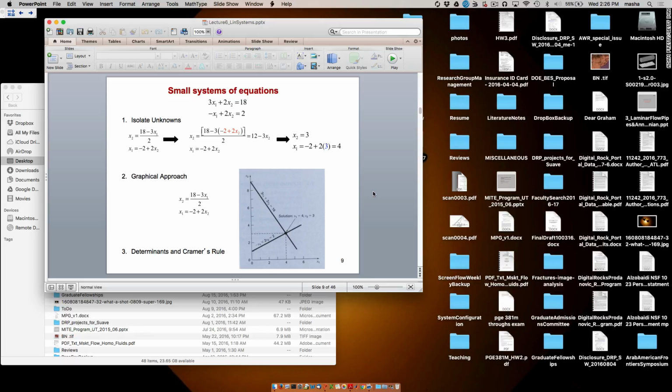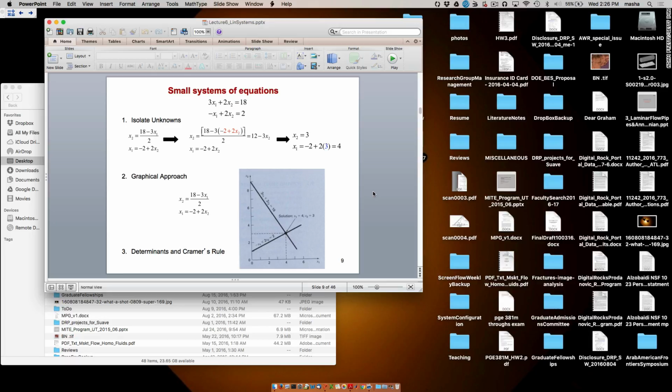Now, what would happen if I had three unknowns? So I was in three dimensions, x1, x2, x3. And I had a linear equation: 3x1 plus x2 plus x3 is equal to 7. So what is that an equation of? A plane.